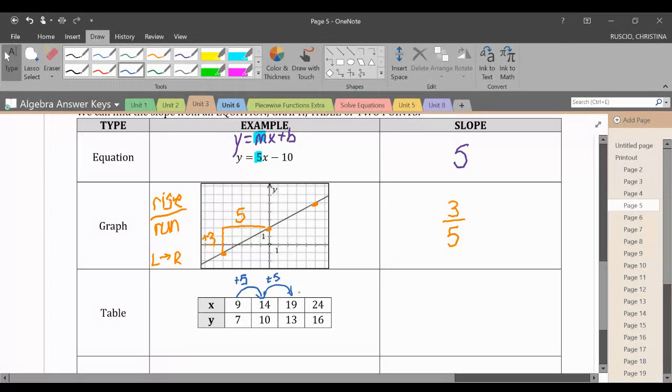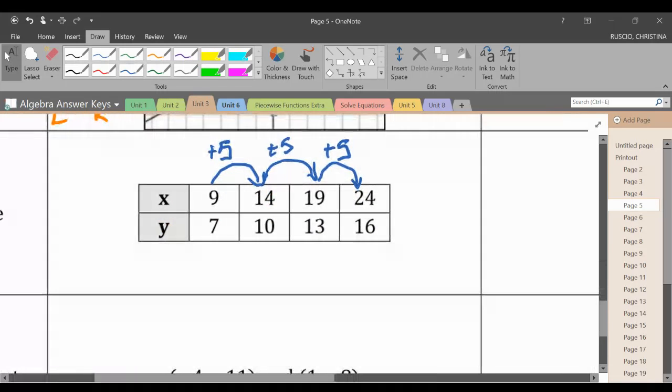Well, we added 5 again. How did we get from 19 to 24? We added 5 again. We're going to do the same thing with 7 to 10, 10 to 13, and 13 to 16. We are adding 3 every single time.